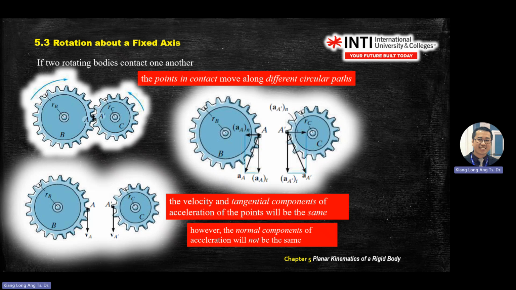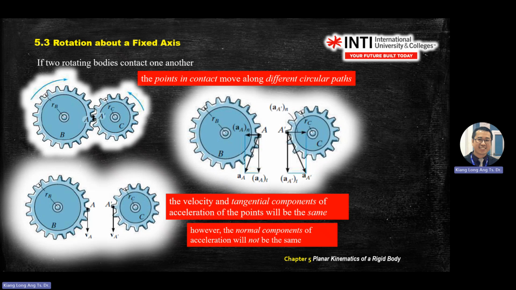Use this equation, V equals omega R. You'll be given the velocity. Substitute or rearrange. V divided by R, you get omega. Use this omega to find what? Omega squared R, you get the acceleration in the normal direction.